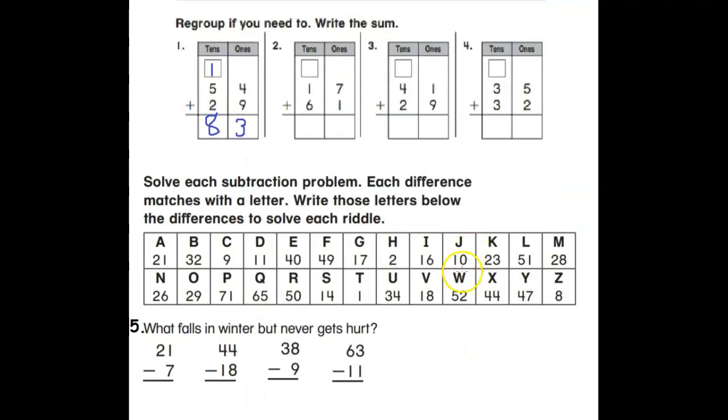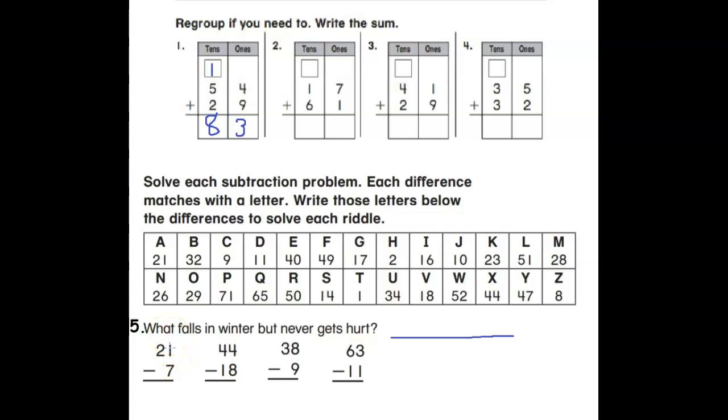How about subtraction? We have a fun subtraction riddle here. We have 4 problems to solve. Each goes with a letter, and then you'll get the answer to what falls in winter but never gets hurt. 21 minus 7. I know right away I have to regroup because I look at the ones place.